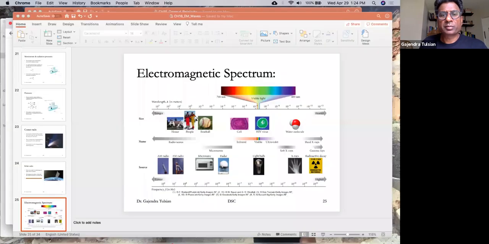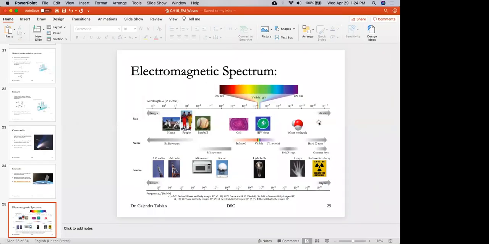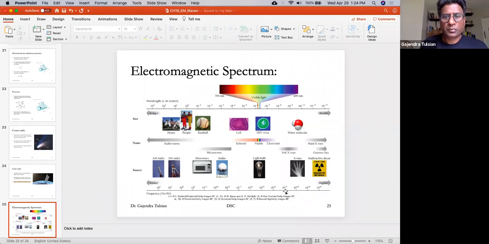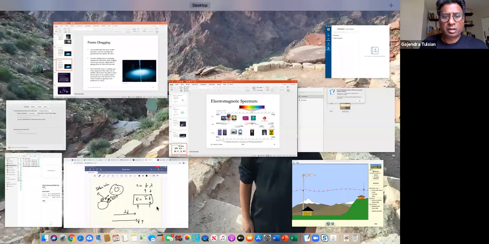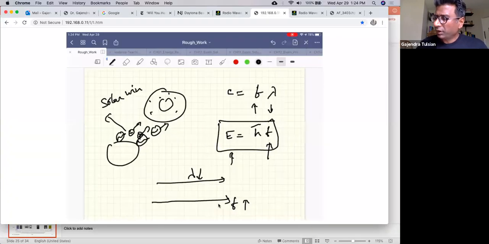Okay, so here's the electromagnetic spectrum, decreasing wavelength and increasing frequency. And now, here's a fundamental fact.